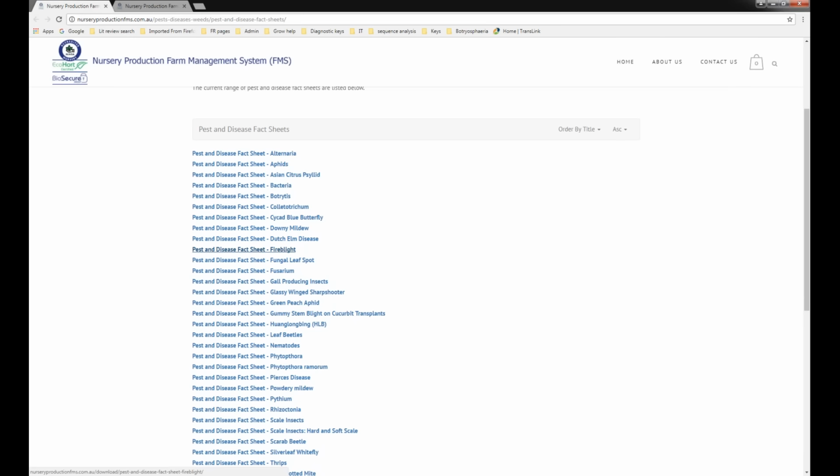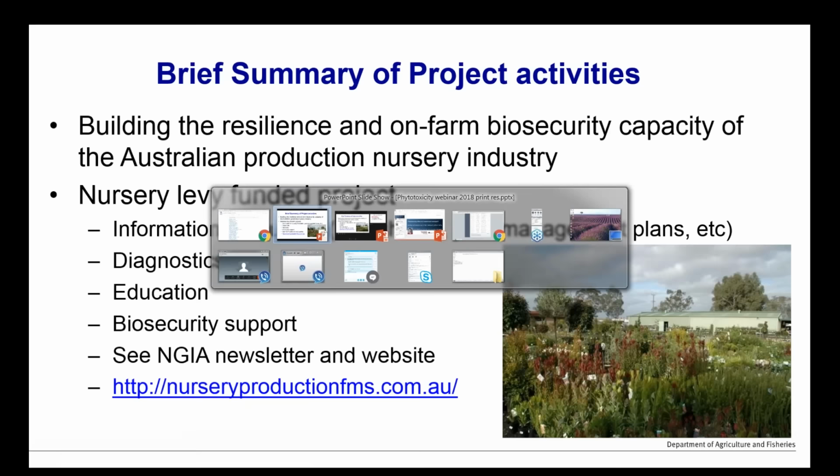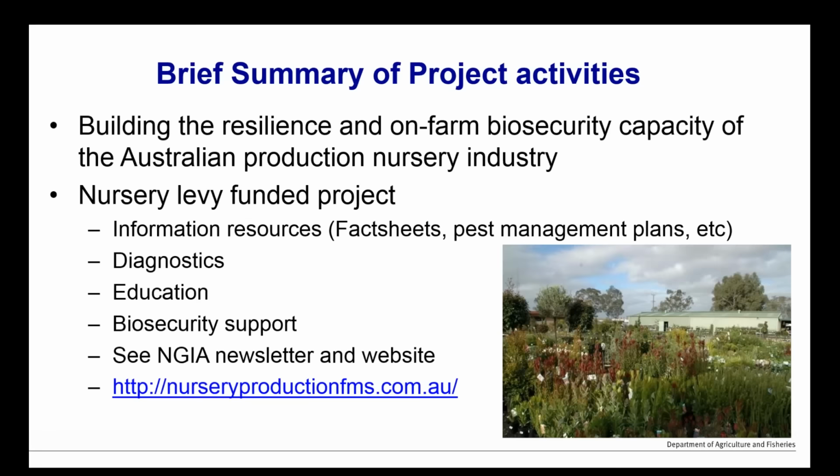So they are quite valuable, and we have a lot of people that read them and go, oh, wow, this is great. This is everything we need to start off the management of whatever problem it is. Okay, so I'm going to just jump back to the webinar. So that website is quite handy, and it's being developed. It's a relatively new website, with resources there, it's becoming more populated, I should say.